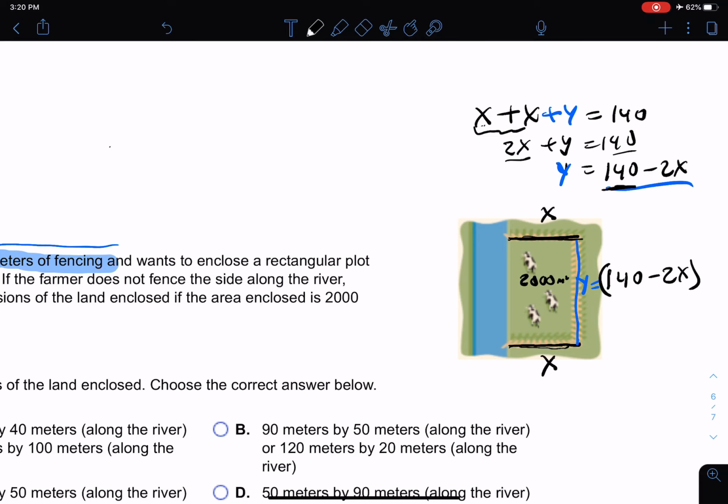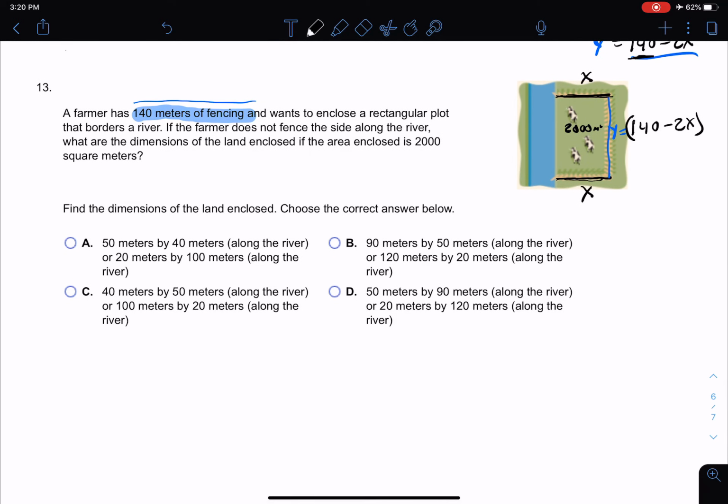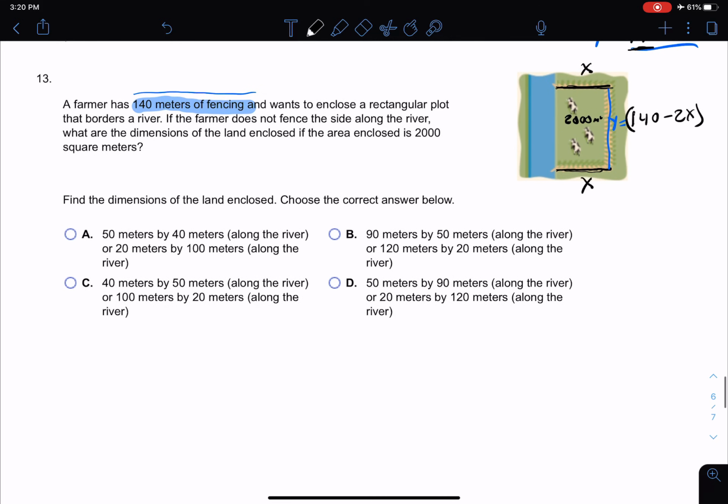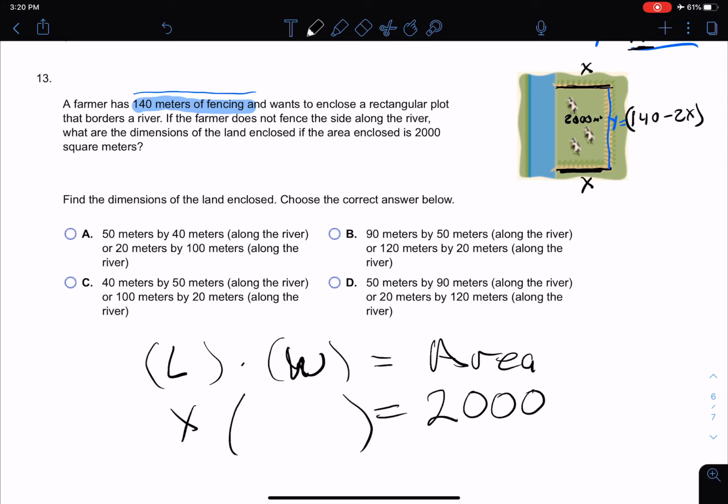Okay, so now let's go ahead and see what we've got. Let's come down here. What we need to do is remember that length times width equals area. So the area of this enclosure is 2,000 square meters. And the length I can see here is this x. And the width is y, but I don't want to use a different variable.